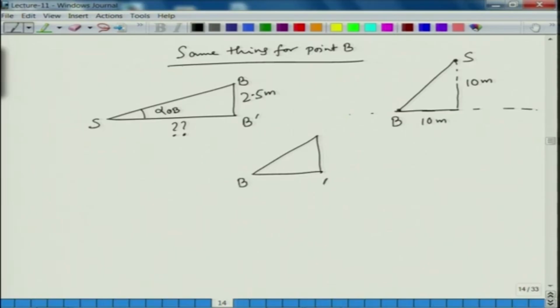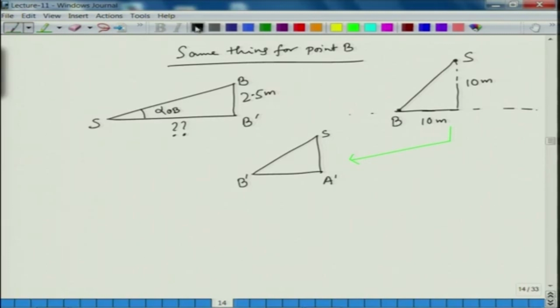Basically, from this particular figure, if you only look at the plan view, on the plane of the point S, you can have S, A prime, B prime.